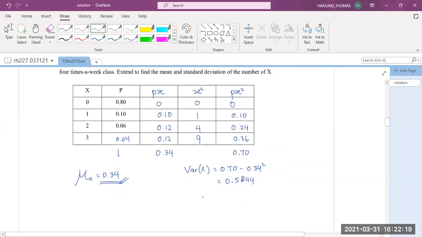Therefore, the standard deviation is the square root of 0.5844, which is 0.76446.